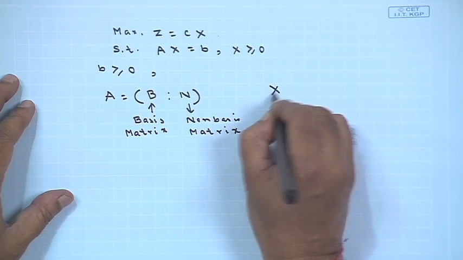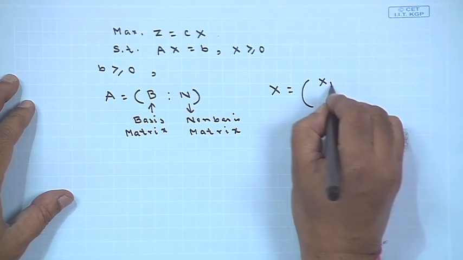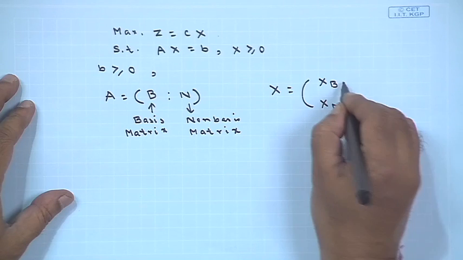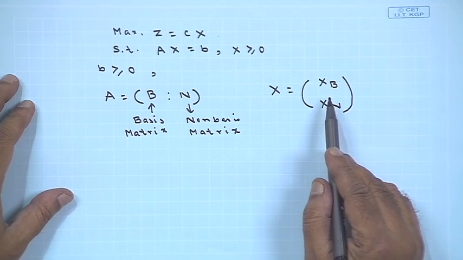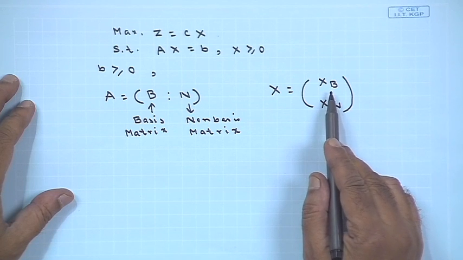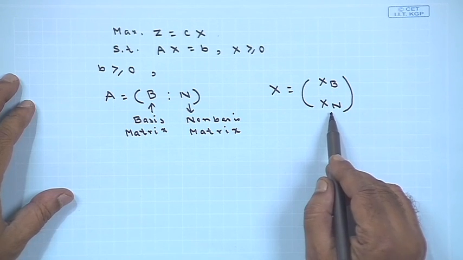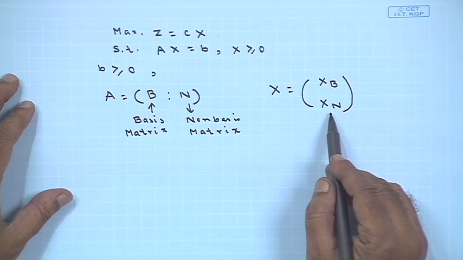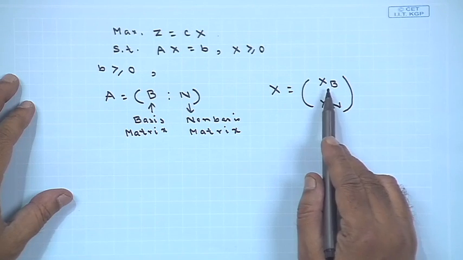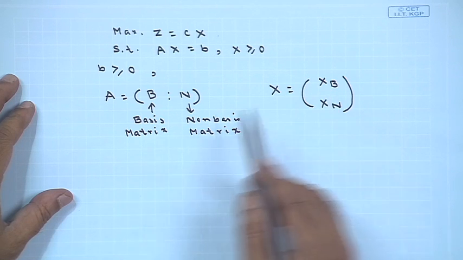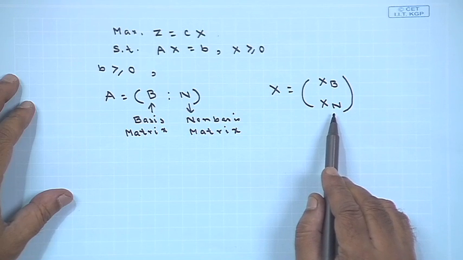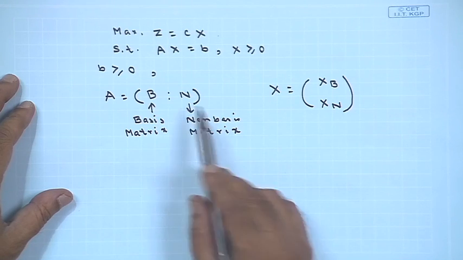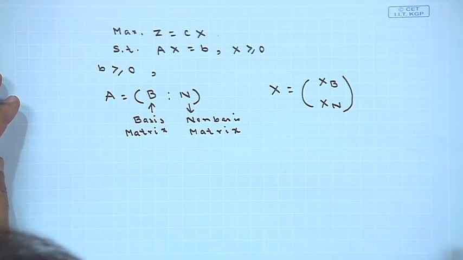Similarly, x can also be written as xB and xN, where xB consists of the basic variables corresponding to the basis matrix B, and xN consists of the non-basic variables corresponding to the non-basis matrix N.